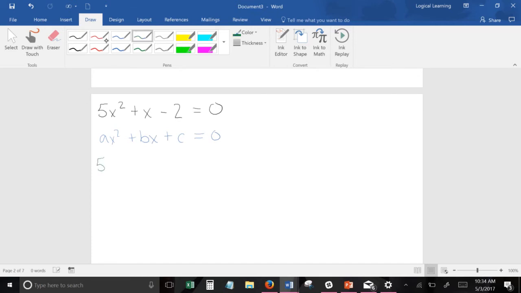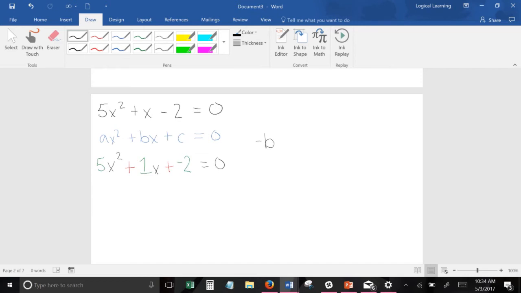We're going to have 5x squared, and then we want to plus our b. There's nothing in front of here, so our b is going to be 1x, because 1x and x is the same thing. And then again we want to plus, and how we do this here is we'll make c negative 2.